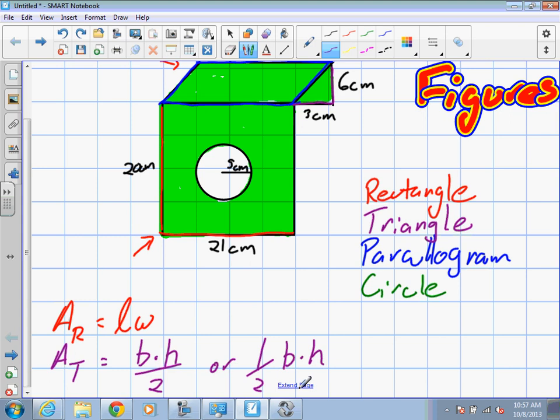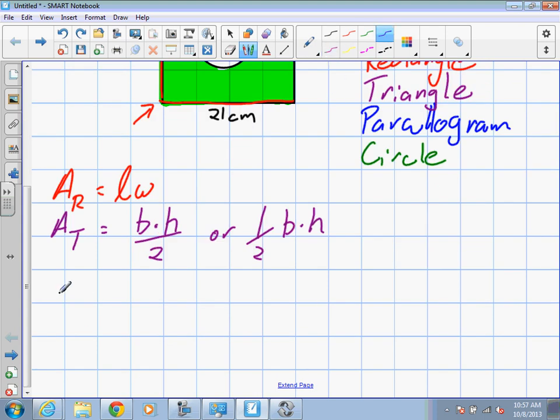Both of those work. How about area of a parallelogram? It's just base times height. And finally, area of a circle. Good. Pi r squared. So I've just given you 4 formulas that may come in very handy for you.